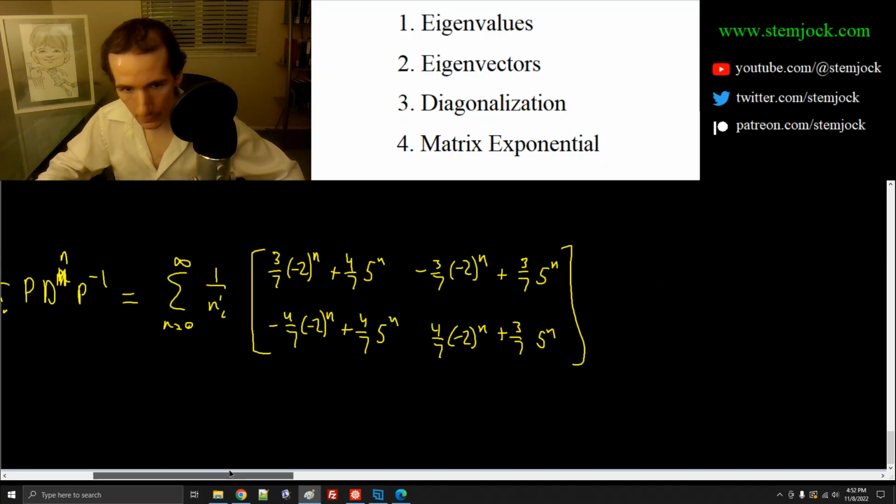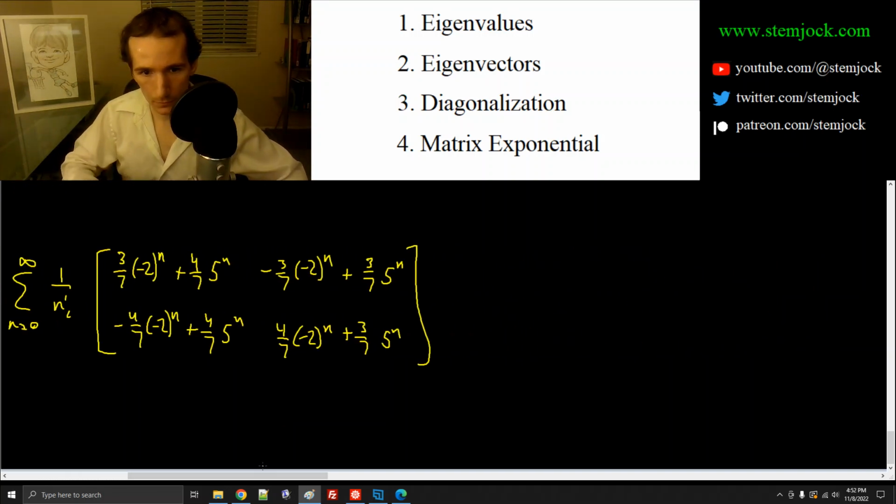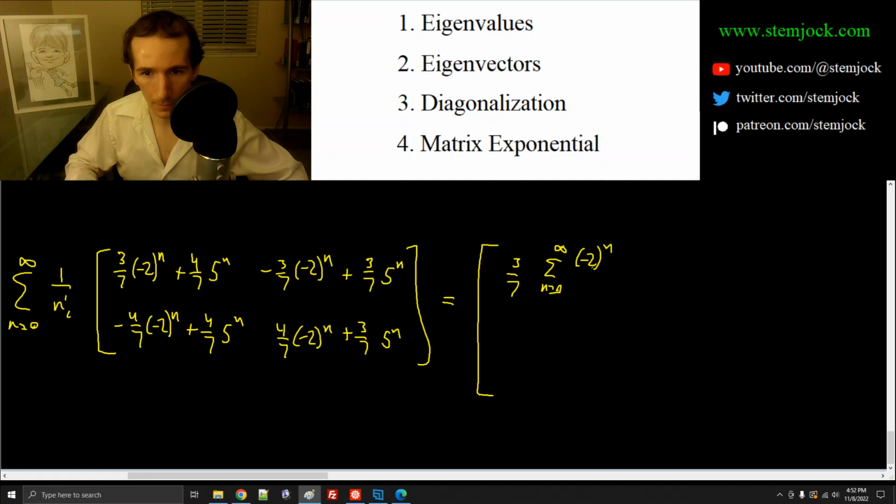So this is equal to 3/7 times the sum, n equals 0 to infinity, negative 2 to the power of n over n factorial, plus 4/7 sum, n equals 0 to infinity, 5 to the power of n over n factorial.